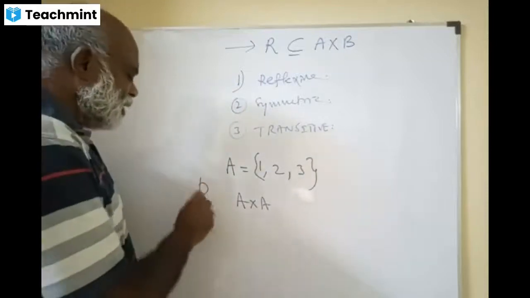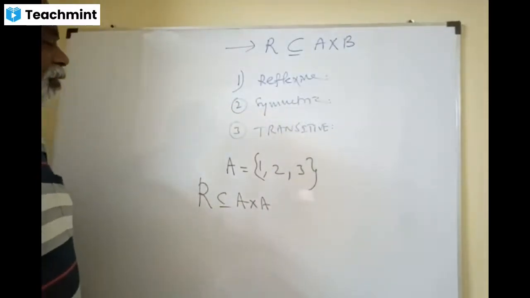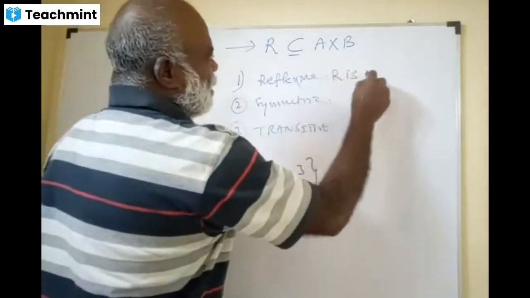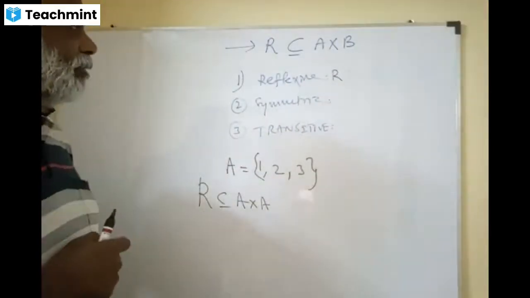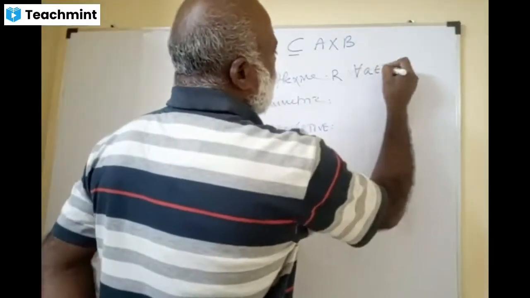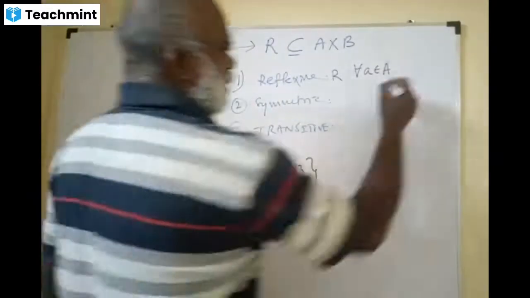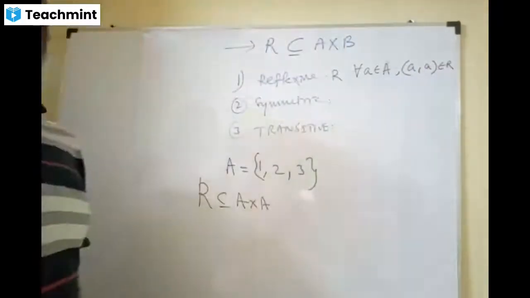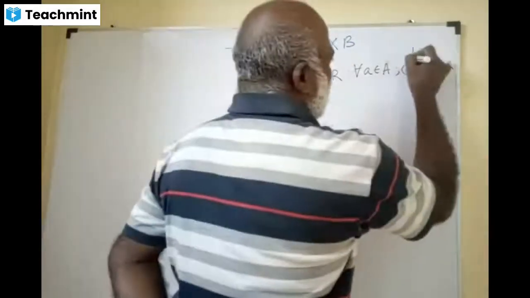So our R is a subset of A cross A. Now, to say that a relation R is reflexive, for every a belongs to A, the pair (a, a) belongs to R. That means both should be identical.